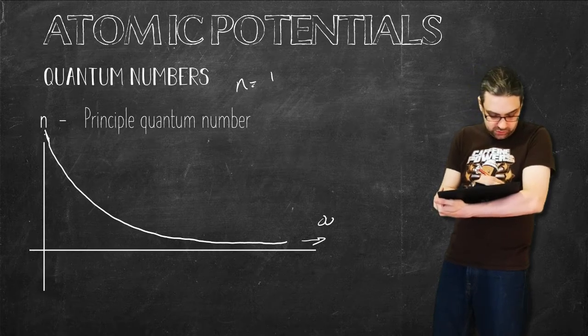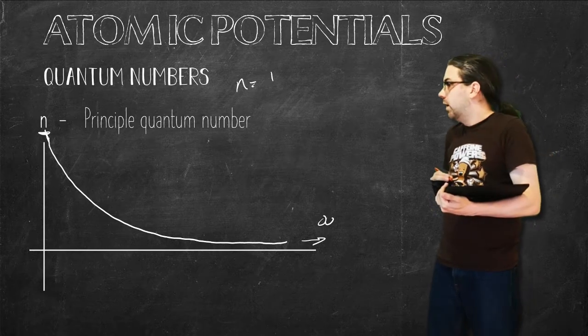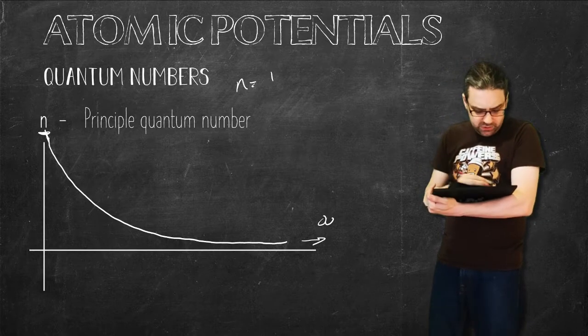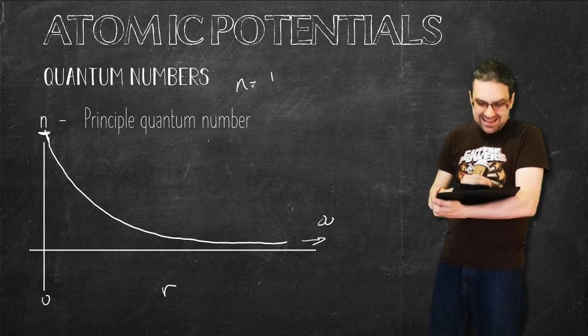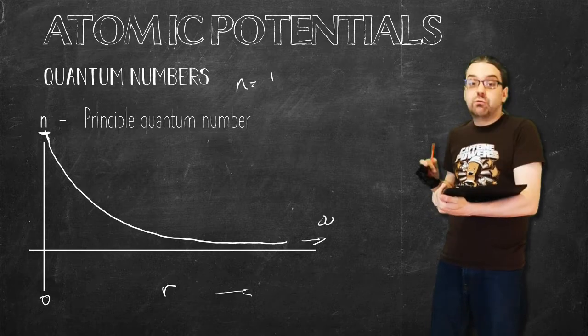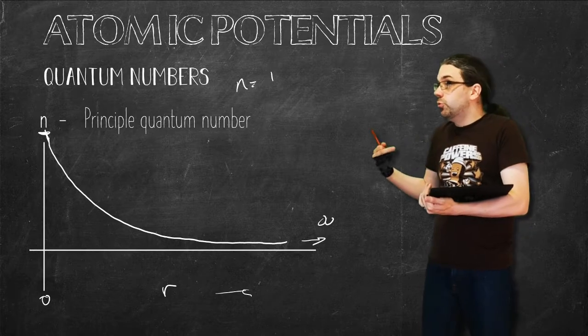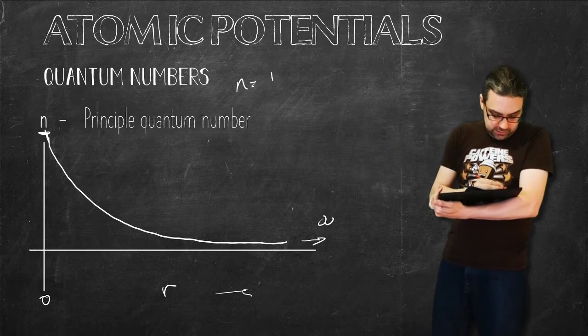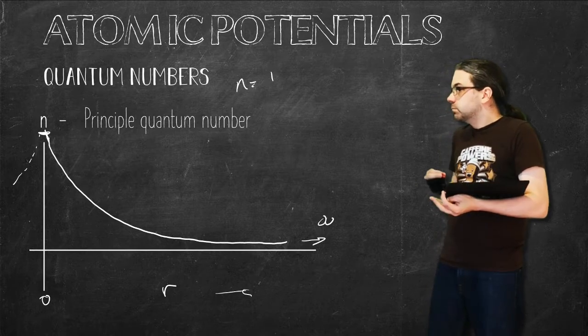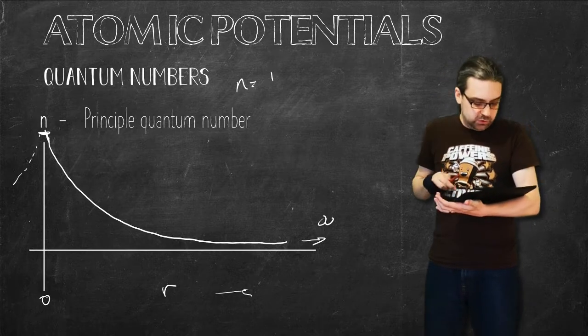It does cross the y-axis at some point. You just have a limit. And obviously this is radius. You can't get a negative radius, that doesn't really exist. So that's 0. If we pretended we go through the nucleus and out the other side, it then simply just decays on the opposite side like that. So that is what the n equals 1 looks like.